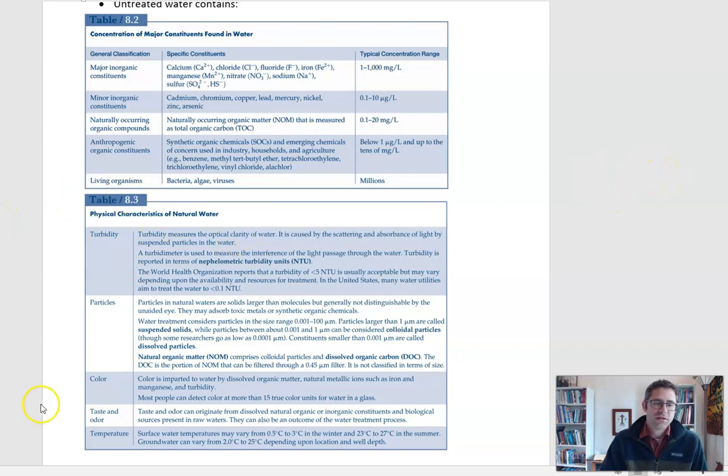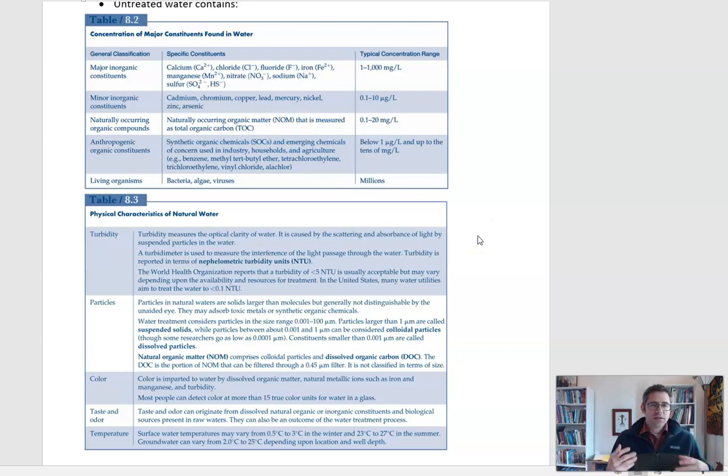Then we have come to this table on physical characteristics of water. So we've talked about some of this in the water quality lecture, but turbidity is one, and color that I want to just talk about a little bit, particles as well. So turbidity just measures the light scattering potential of the water, and how is that really related to how safe drinking water is to drink?